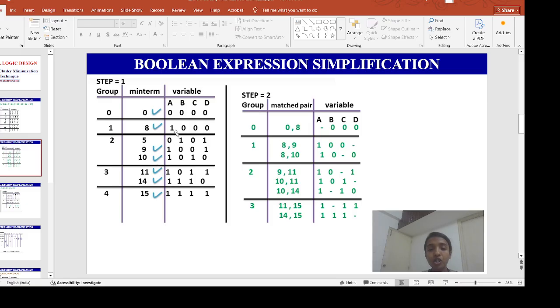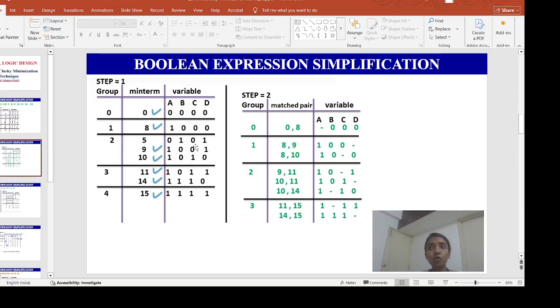So here m8 and m10, this is matching, 1 1 is matching, 0 0 is matching, 0 1 is not matching, again 0 0 is matching. So in the place which is not matching, we will put an underscore. In the same process, we have to compare again 5 11, 5 14, then 9 11, 9 14, 10 11, 10 14.